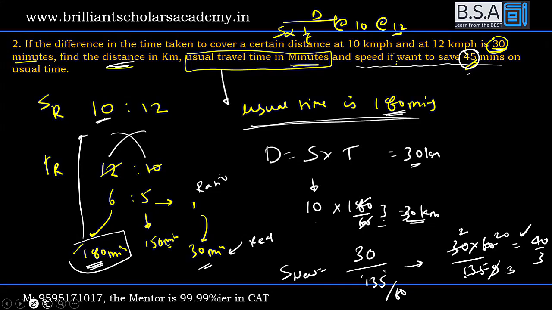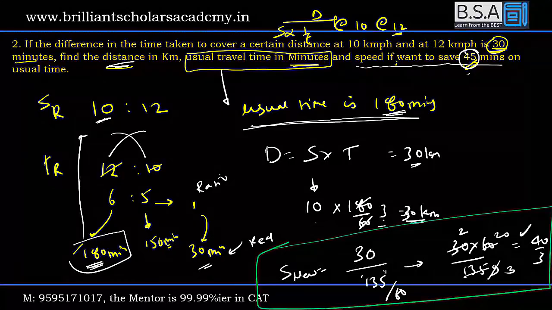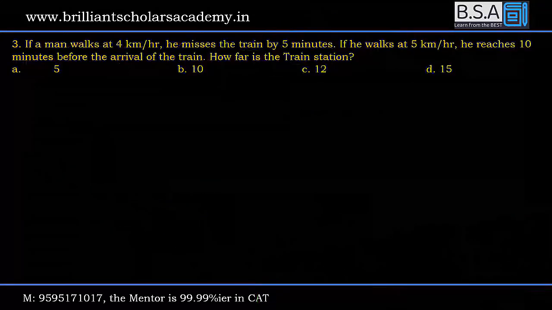So this third calculation on the lower side of the board is about speed, finding the speed. Moving on from this, shall try this.